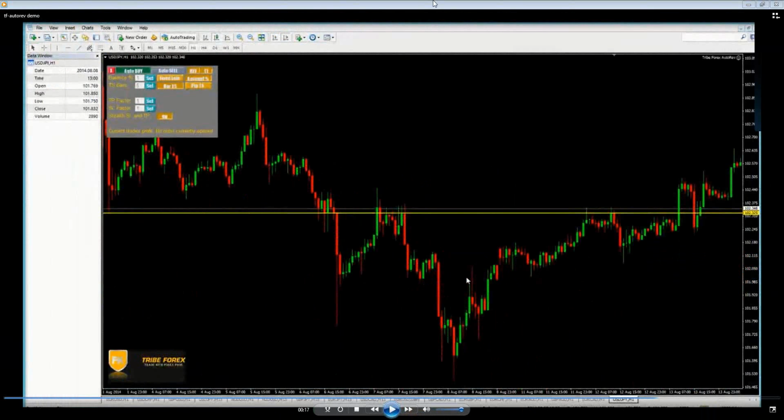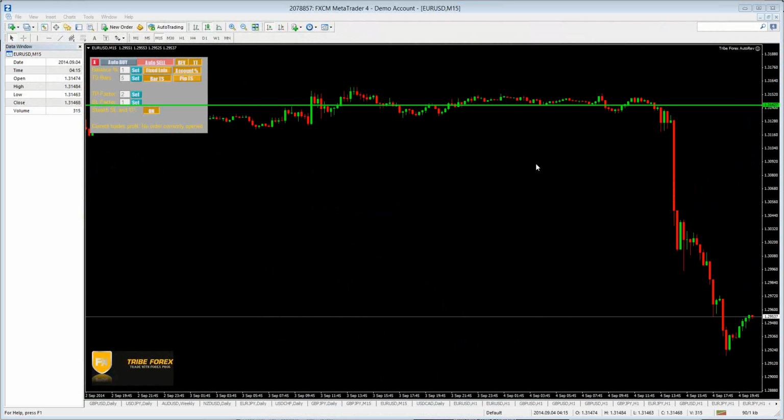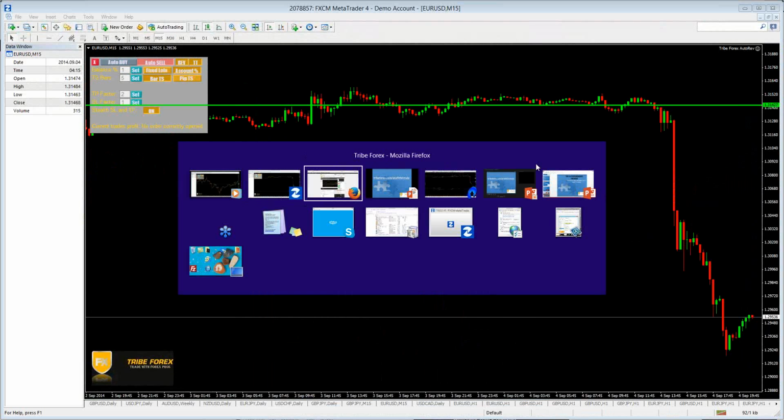It's just showing my traders how to use the auto. If you go to the Tribe Forex profit formula, you'll see a video there, and it'll show you the exact process. I'll tell you, get in at this price area, and you just simply put a line on the chart. The auto rep will look for opportunities there, and it will take a trade there. And that's basically how easy it is.